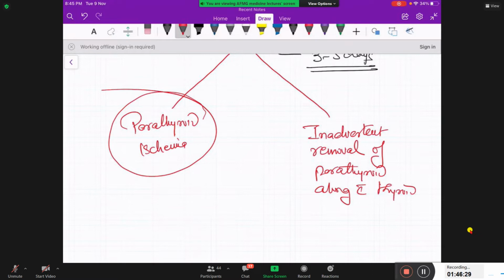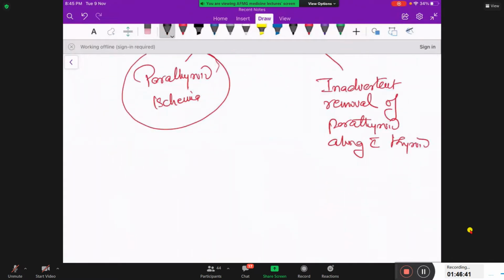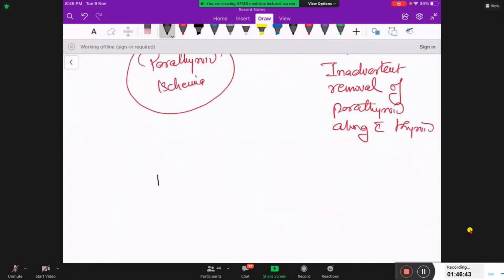Now, once the patient develops hypocalcemia, you have to manage it. Very important discussion with this. So, this hypocalcemia is divided into mild hypocalcemia and moderate to severe hypocalcemia.